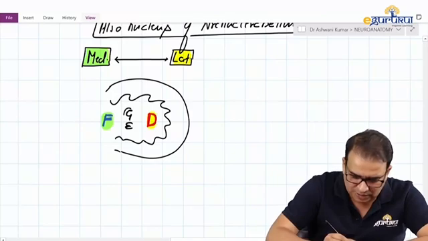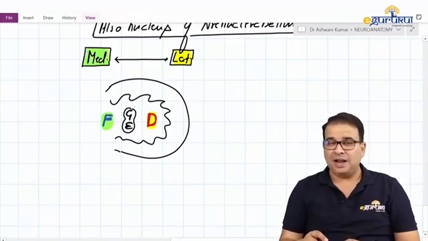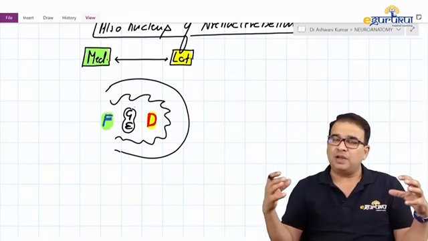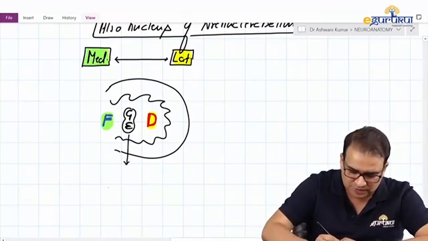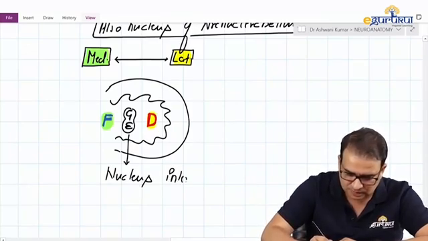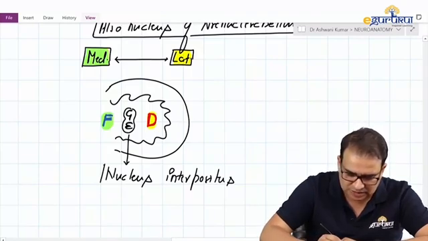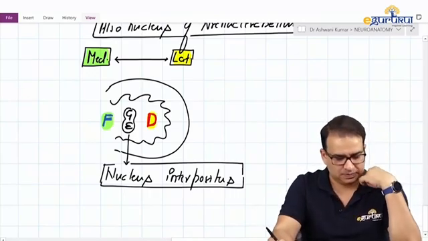These globose and emboliform nuclei are separate, but they are present together in between the fastigial and dentate nucleus. So they are interposed in between the two, and that's why together they are called nucleus interpositus.